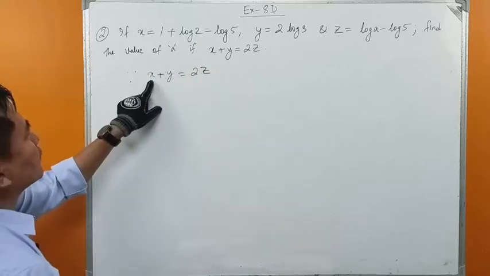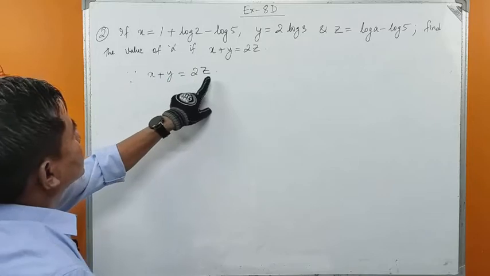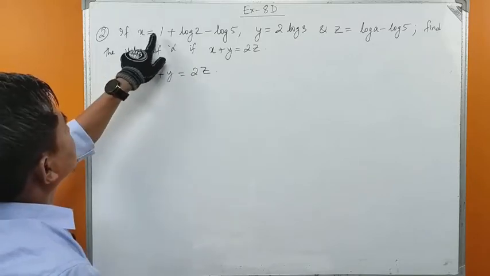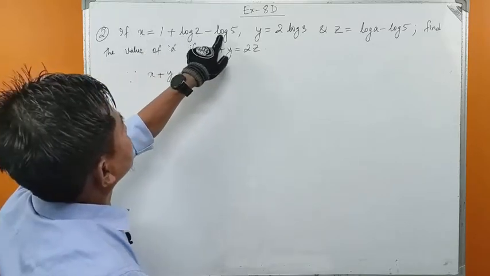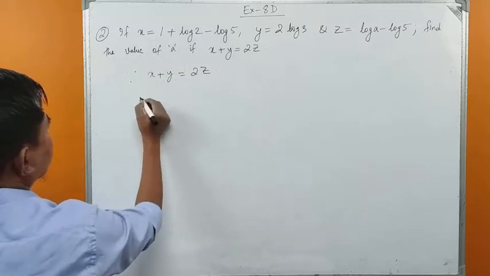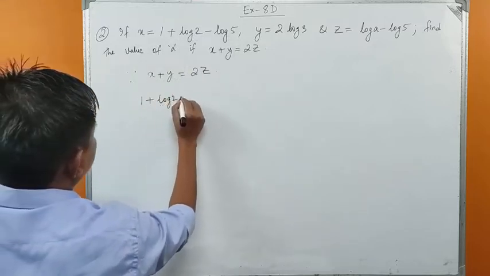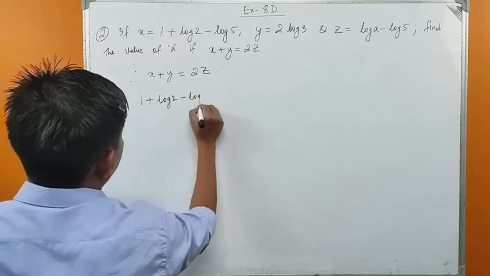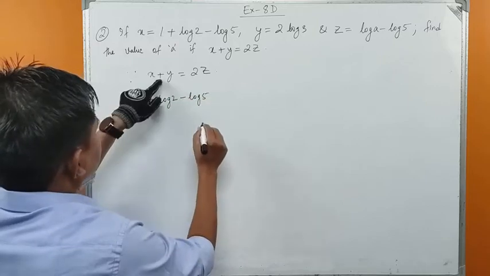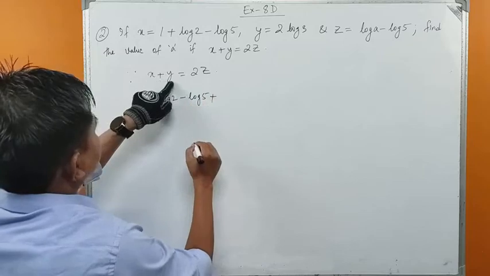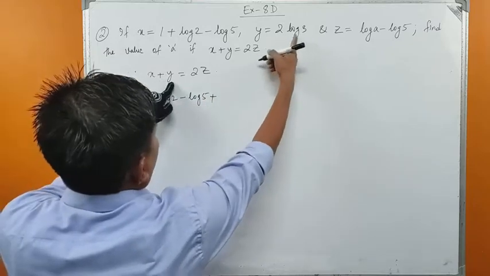So now we put the values of x, y, and z. What is x? x is 1 plus log 2 minus log 5. So instead of x, we write 1 plus log 2 minus log 5, isn't it? Plus y. What is y? 2 log 3.